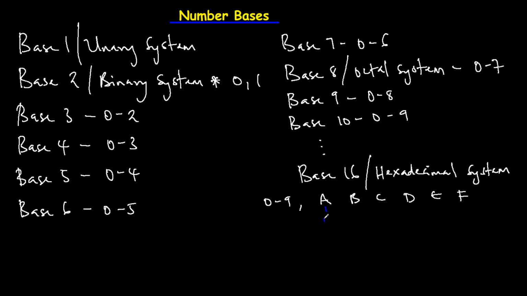A represents 10, B represents the number 11, C represents the number 12, D represents the number 13, E represents the number 14, and F represents the number 15. I know that the hexadecimal system or the base 16 system may sound tricky, but we'll talk about it later on in the video.